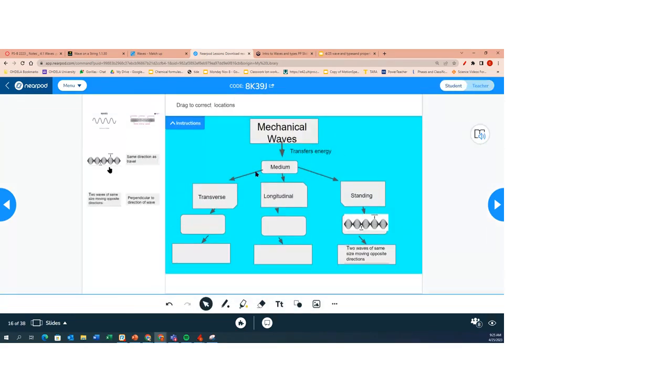So this one is the transverse wave, right? Longitudinal wave looks like this, compressions, so it's a slinky, and the same direction of travel, that's the longitudinal wave. And then going up and down, the wave's going to the right, and the particles are going up and down, up and down.